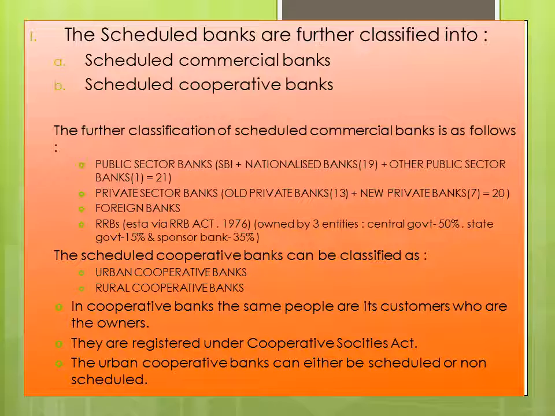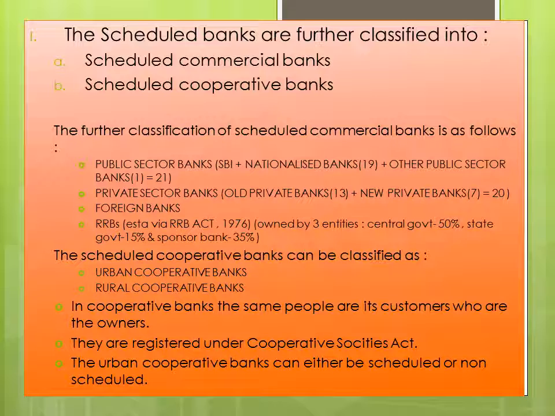But earlier there were 27 public sector banks. But after the merger of the Bhartiya Mahila Bank along with the associates of SBI with SBI, the number reduced to 21. The private sector banks include the old private sector banks, which are 13 in number, and 7 new private sector banks. There are foreign banks, for example, HSBC Bank and the other overseas banks.